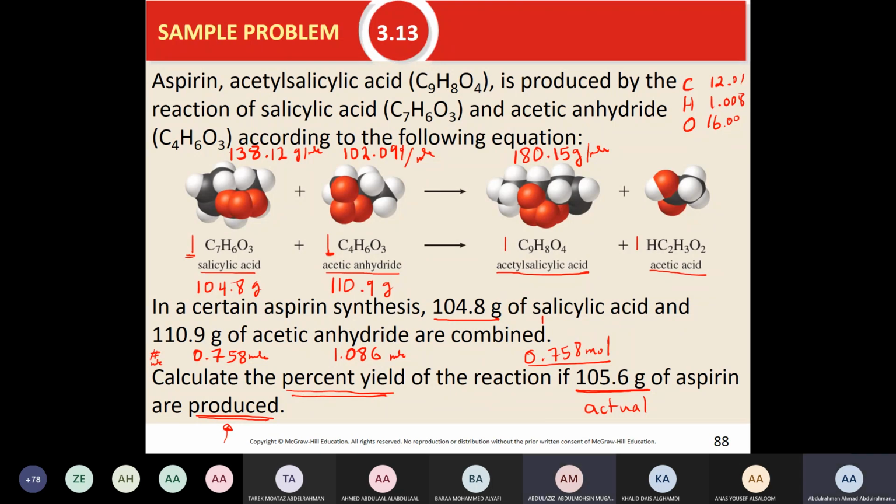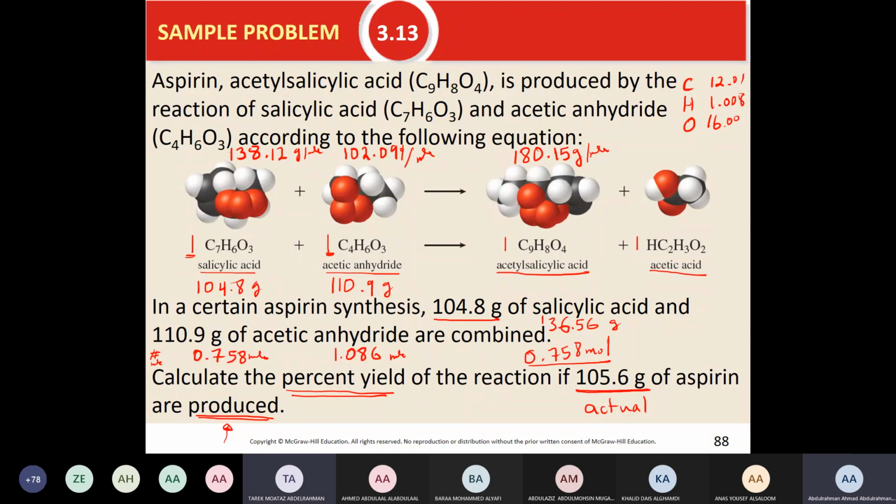136.5537. Let's stop at 136.55. Who got the same answer?